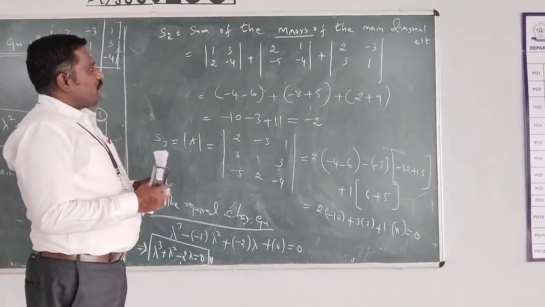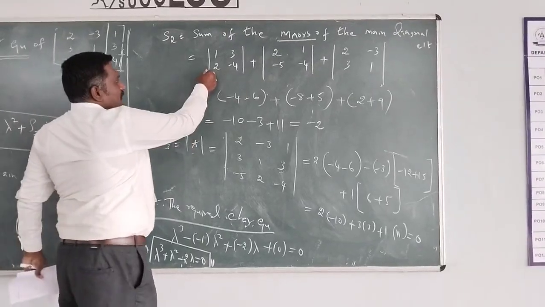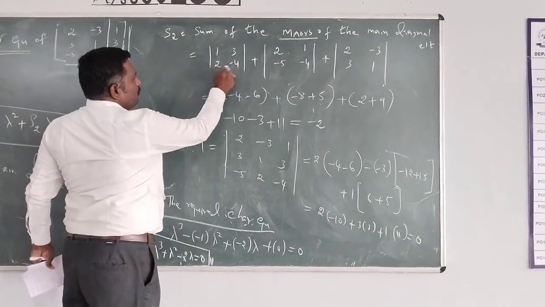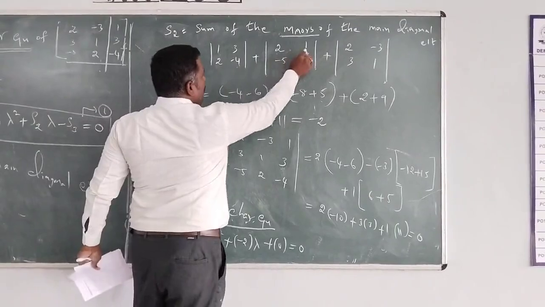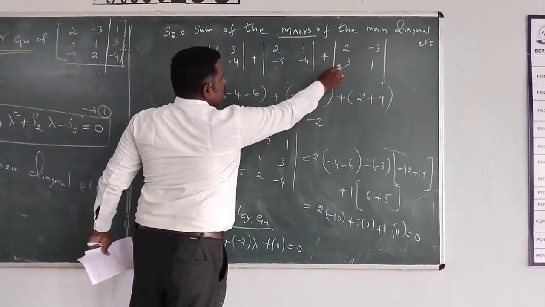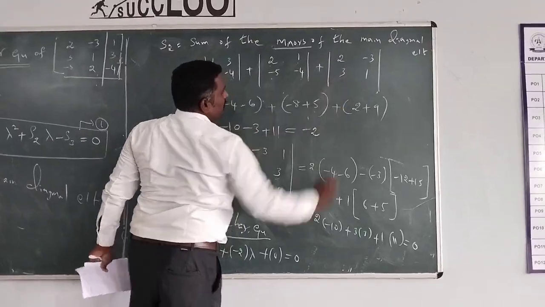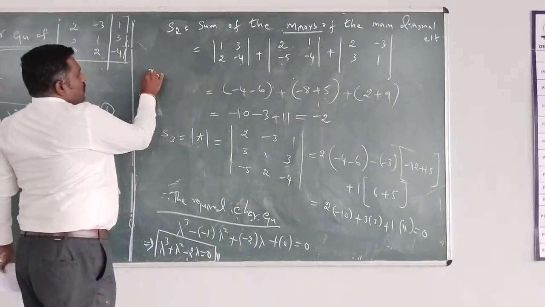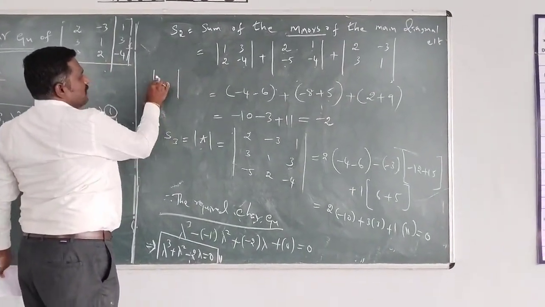To find the value, the determinant of 1, 3, 2, minus 4 plus the determinant of 2, 1, minus 5, minus 4 plus the determinant of 2, minus 3, 3, 1. Here we use the cross multiplication rule. What is the cross multiplication rule?